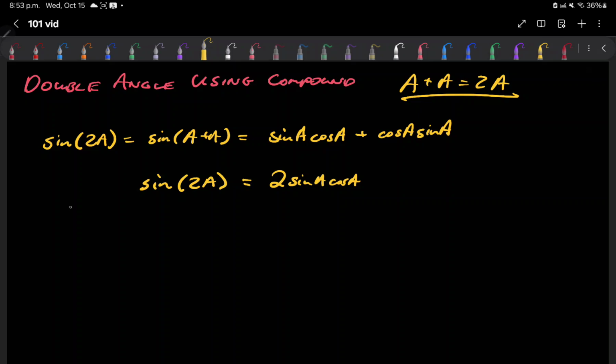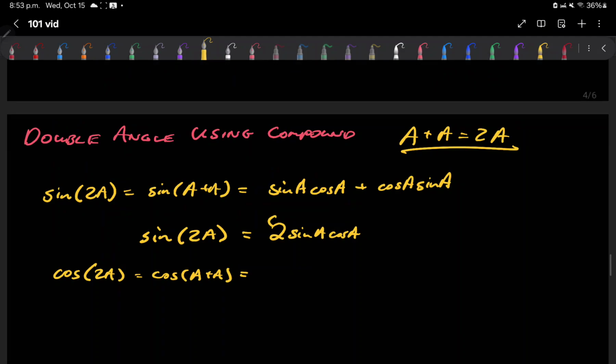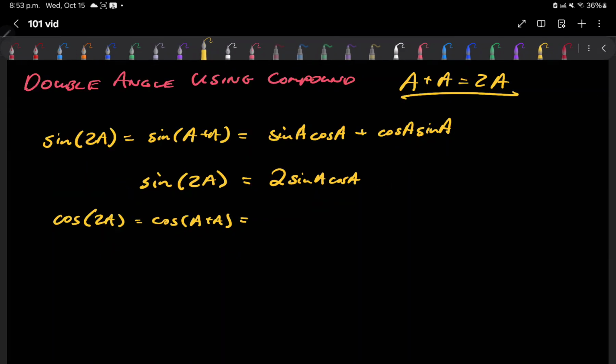For cosine, we have cosine of A plus A. I thought my pen was still on the screen. So we have the cosine of the first, cosine of the second, opposite sign in between, and the sine of the first, sine of the second.